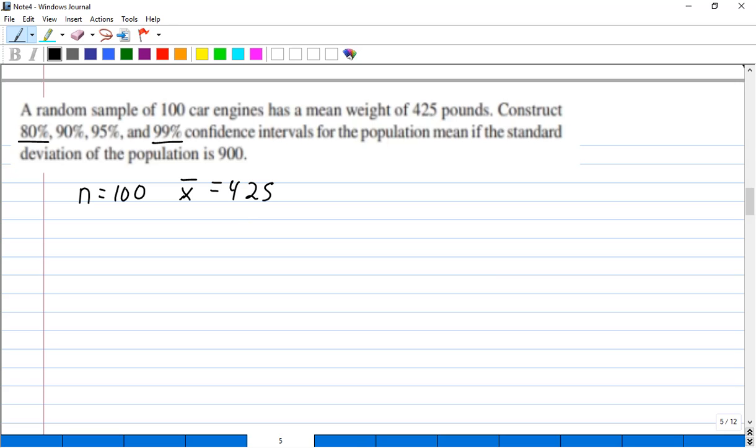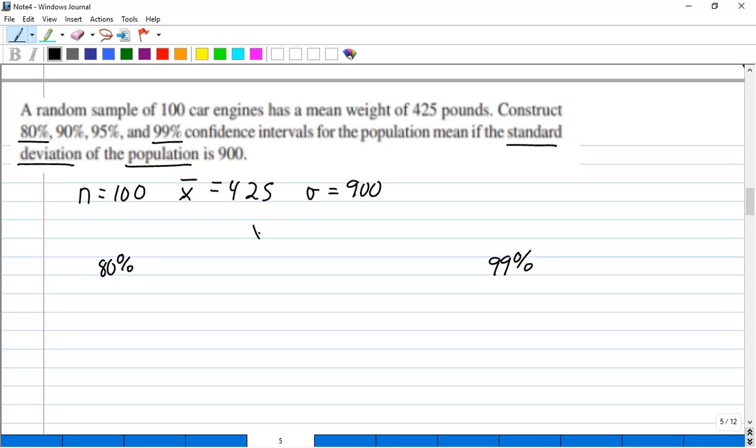Construct confidence intervals for the population mean. But we're going to do 80%, and we're going to do 99%. If the standard deviation of the population is 900. So population standard deviation, that's our lowercase sigma, is 900.